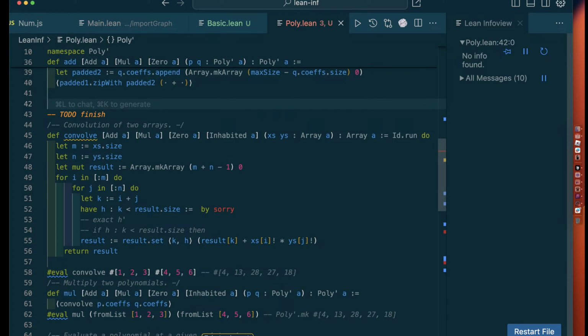Actually, let's work it out first and let's verify, because it's a good exercise probably.